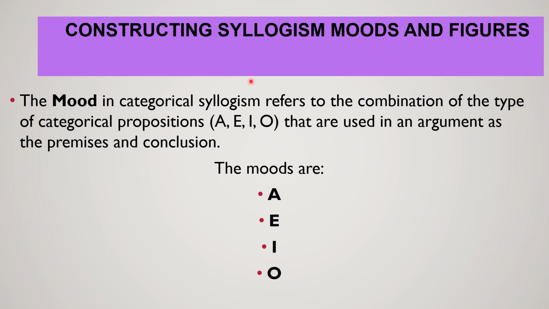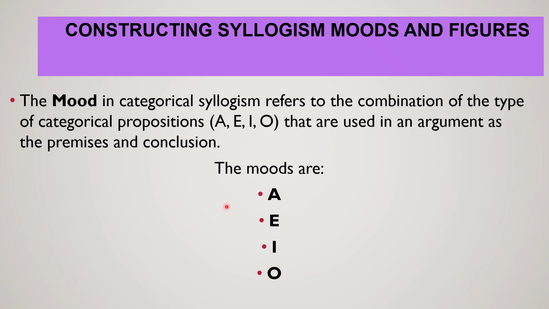A mood in categorical syllogism refers to the combination of the type of the categorical propositions A, E, I, and O that are used in an argument as the premises and conclusion.